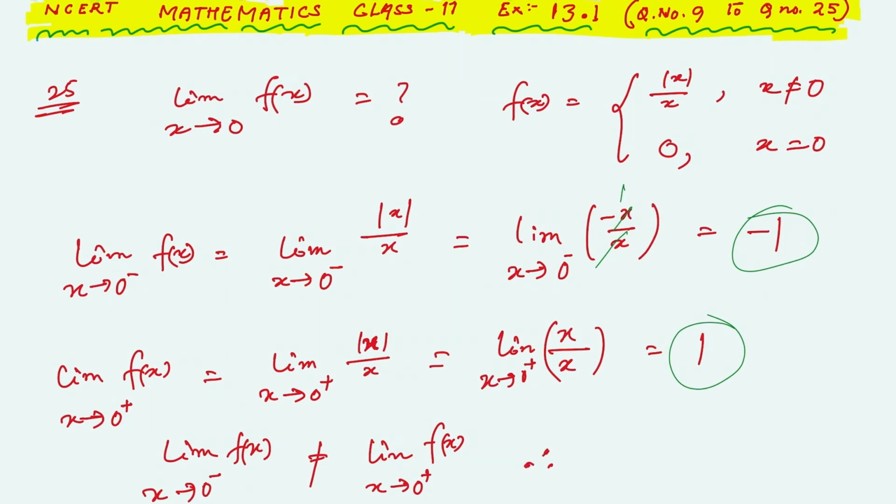Therefore you can see that the limit of f of x as x tends to 0 does not exist. So then we have more questions in this exercise. We will solve the remaining problems in the next video.